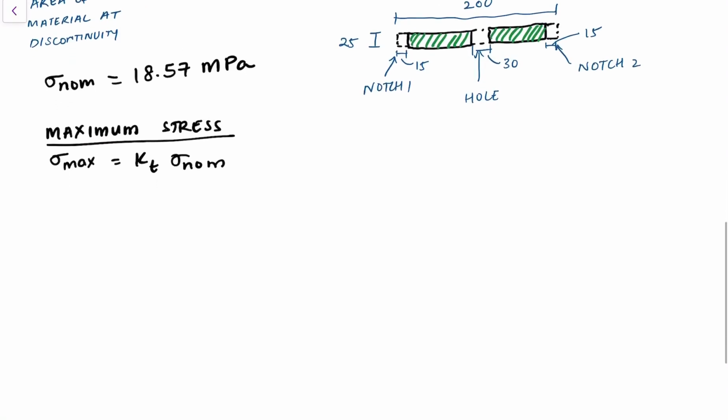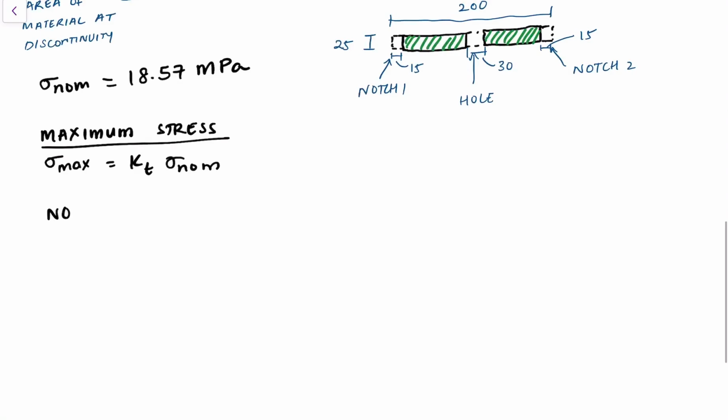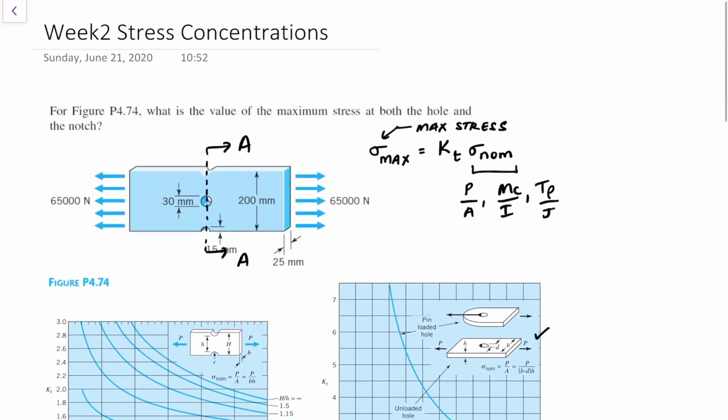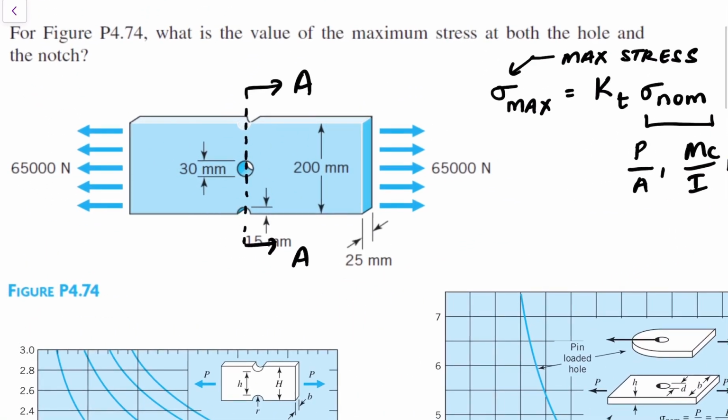So the first thing we'll look at is the notch. Right? So sigma max notch is equal to KT due to the notch times sigma nominal. Again, if the hole was placed at a different location than the notches, and this hole over here was filled, then you would have two different sigma nominals.